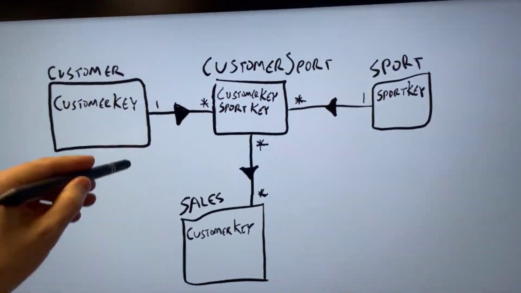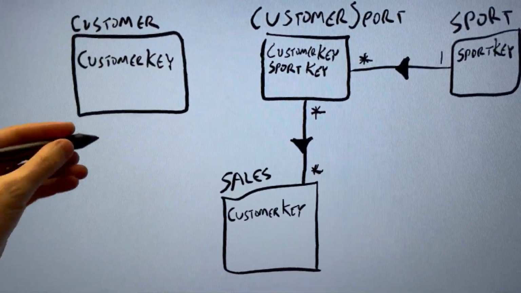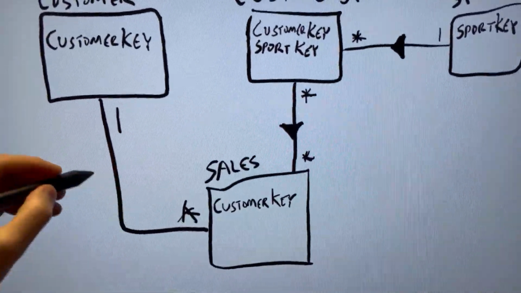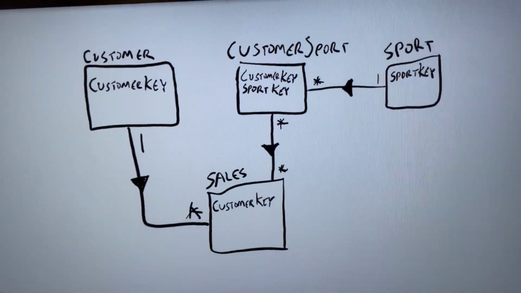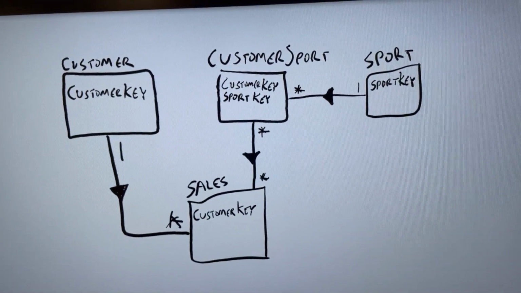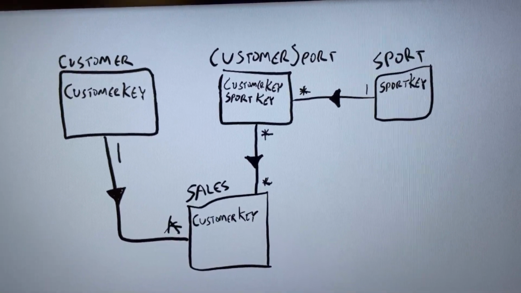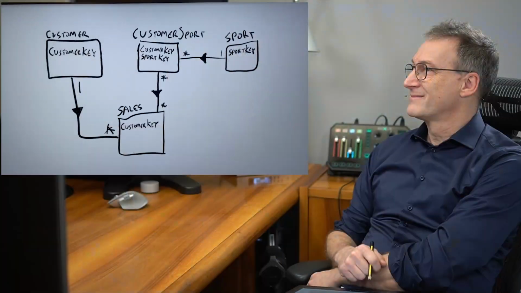So instead of doing that, I'm wondering if we couldn't just get rid of the relationship here and then add a direct one-to-many relationship between the customer dimension and the sales facts. This way, I think that we would sort of get a best of both worlds solution to that problem, but I'm curious to know what the SQLBI guys think about this.